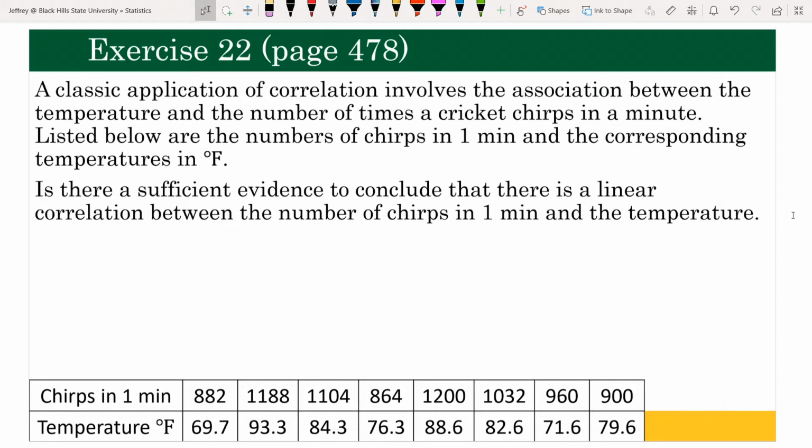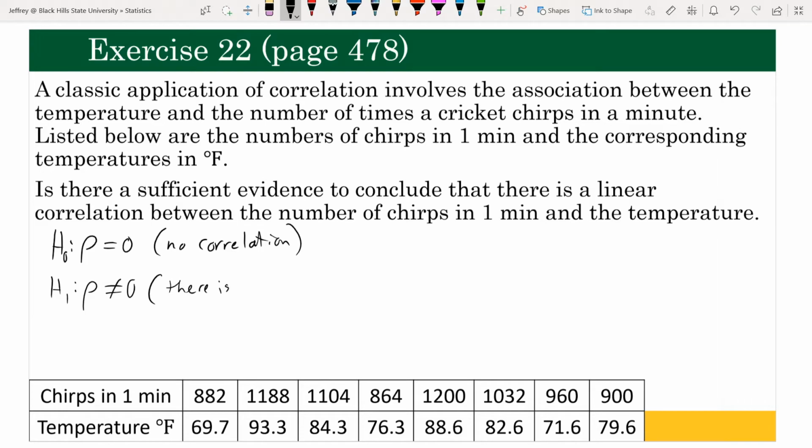So, looking back at this, we want to conduct our hypothesis test to determine whether or not there is, in fact, a linear correlation between the chirps in 1 minute and the temperature. So, the null hypothesis, we're assuming that there is no linear correlation, so rho equals 0. And the alternative is that rho does not equal 0, meaning there is a correlation.